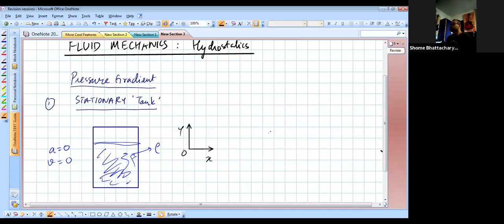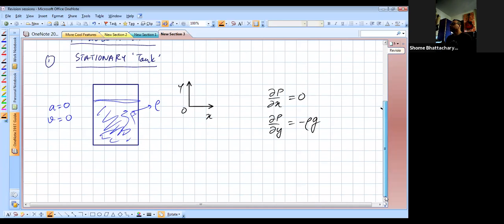So then we know that the horizontal pressure gradient is 0, whereas the vertical pressure gradient is minus rho g, which means that if you consider any 2 points at a vertical height difference of h, the pressure difference becomes rho gh.